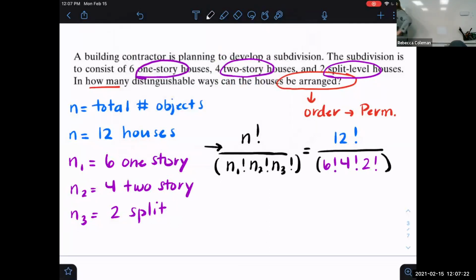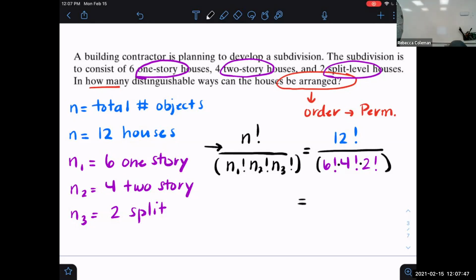Now, you can type this into your calculator just like this. You don't have to evaluate each one. You can leave the exclamation points, but make sure you put parentheses around that denominator so that the entire thing is divided out. And for scientific calculators, you may even need to put a multiplication in between the factorials on the bottom, kind of depending on your calculator. So try that here.